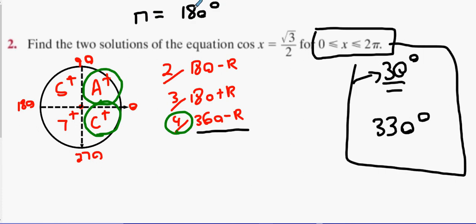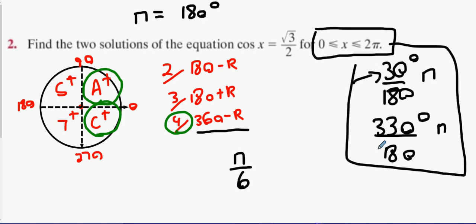Would you agree with that? Divide it by 180 and slap a pi at the back. So divide that by 180, divide that by 180, and put a pi underneath it. And you'll get pi over 6 and 11 pi over 6. Is that alright? And you can convert it quite quickly.